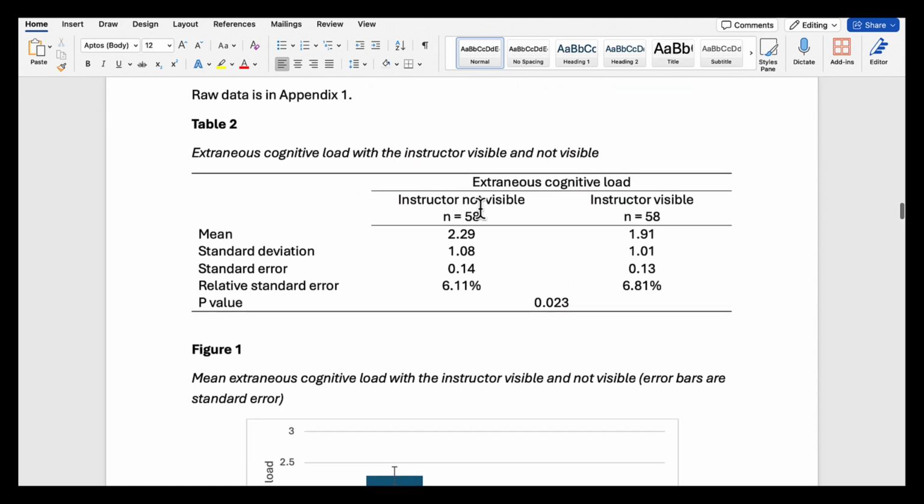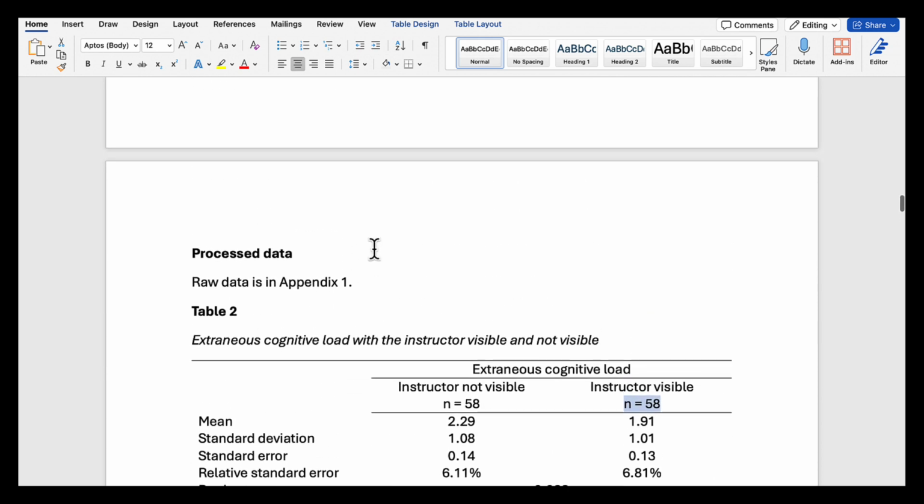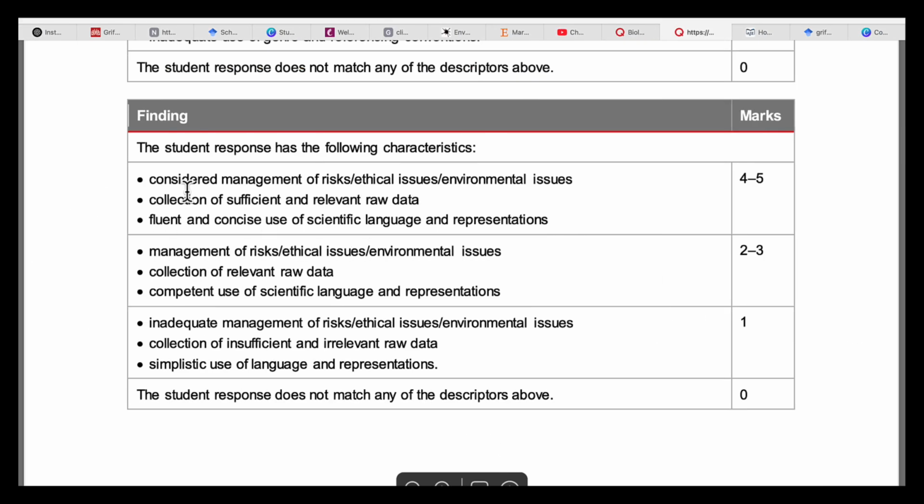The other thing that I did here is n equals 58. That's showing me how many participants I had. In the table it's the number of participants, 58 and 58. So that is another way of showing that there is sufficient data. Okay, so that's the second part. And of course it needs to be relevant data.